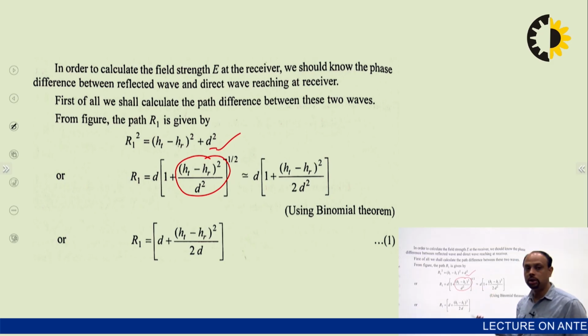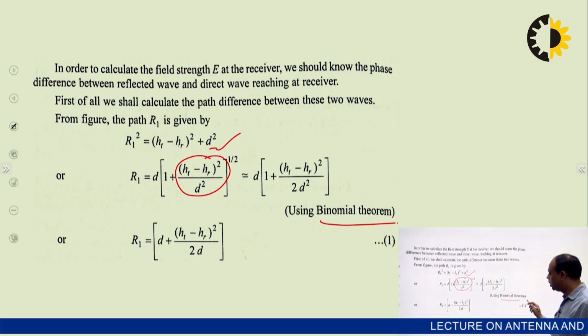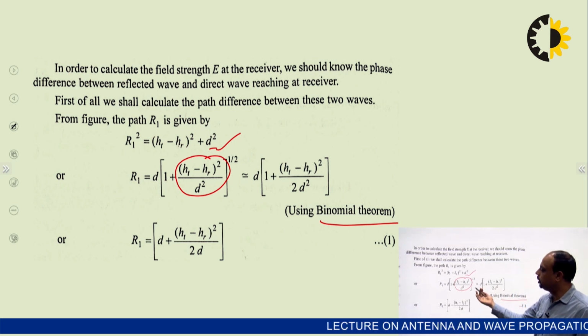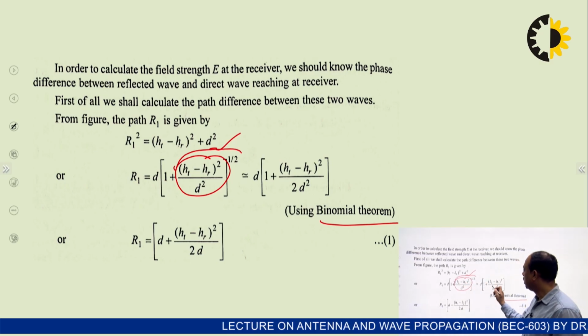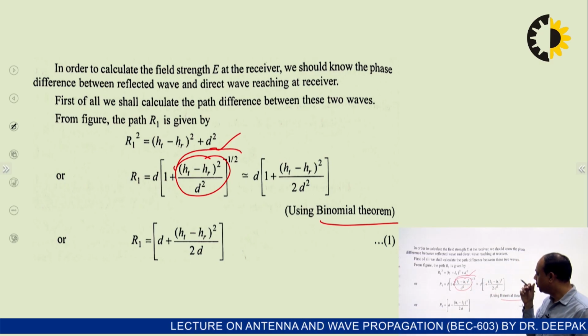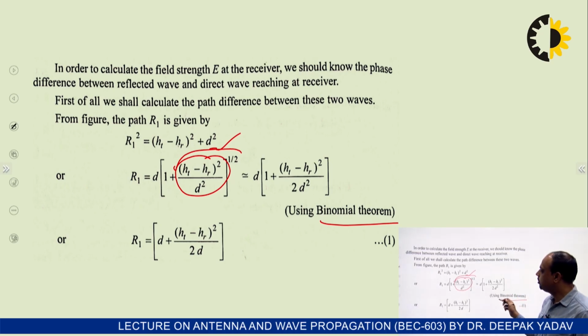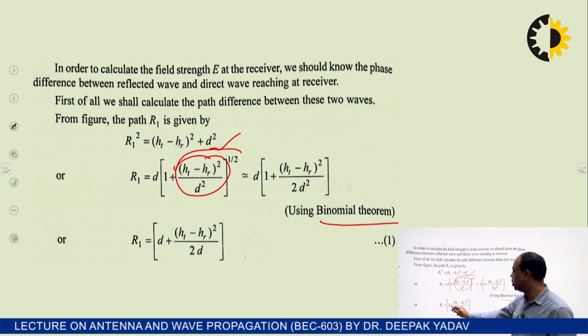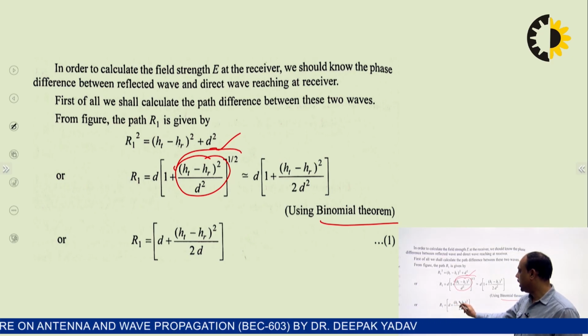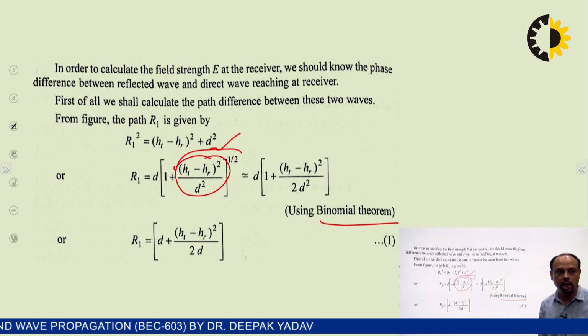So we can use the binomial approximation, putting the 1 by 2 in the multiplication here, and similarly for this value. So R1 is equal to D plus (HT minus HR) whole square by 2D. This is the range R1.